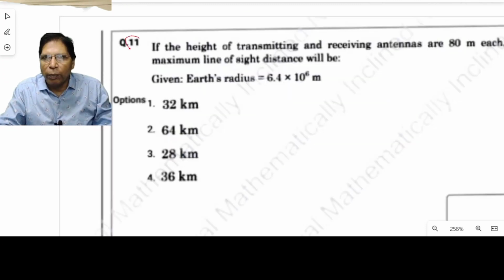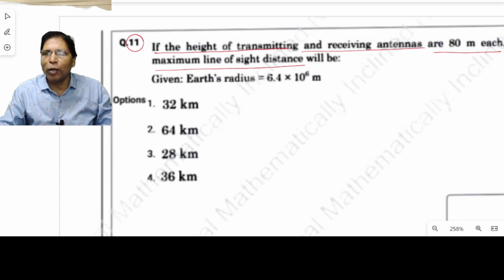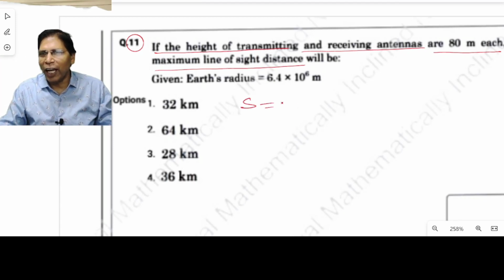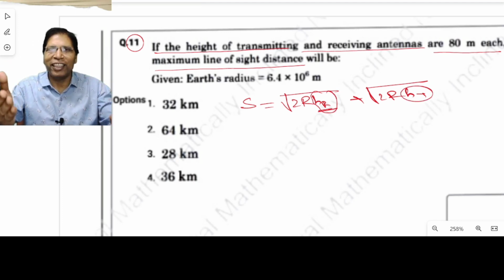Okay. Now, question number 11. If the heights of the transmitting and receiving antennas are 80 meters each, the maximum line of sight will be, look at this, the maximum distance of line of sight is root of 2r hr plus root of 2r ht, where hr is the height of the receiving antenna and ht is the height of the transmitting antenna.